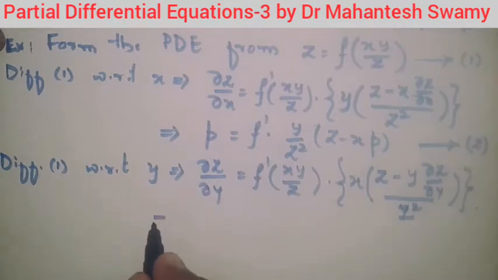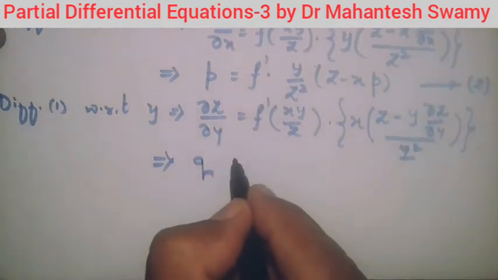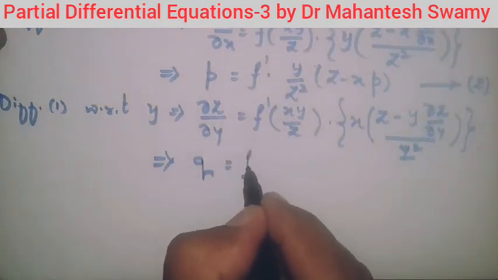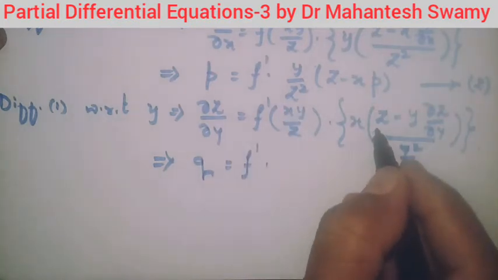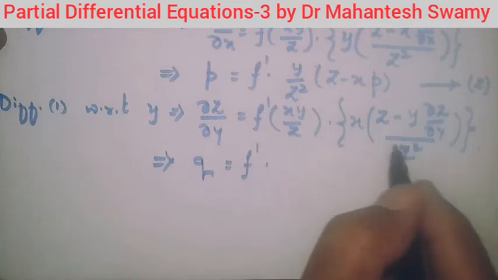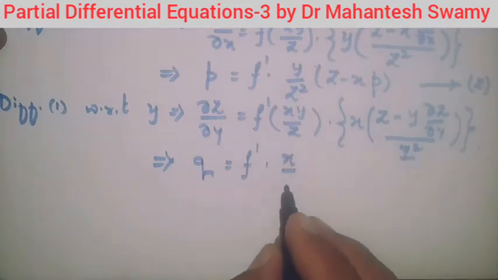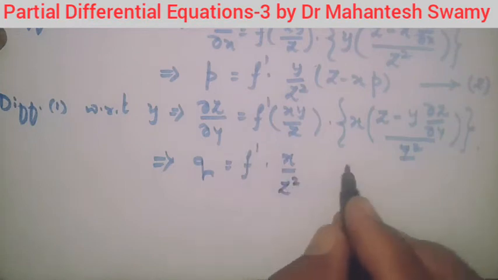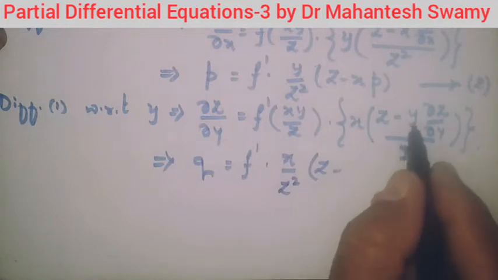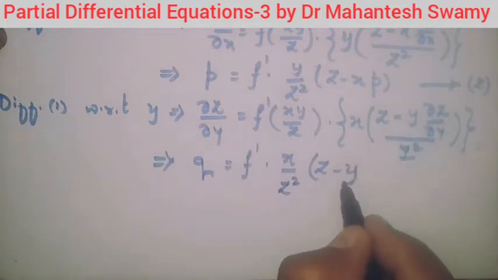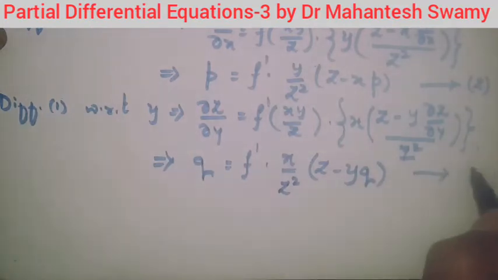Let us write it in a simple way by using the notation q for dou z by dou y, that is equal to f dash as it is without writing the argument. We are directly moving on to this bracket. We are writing it in a simple way, that is x by z square into the bracket z as it is minus y into q. So the value of dou z by dou y we are writing it as q. So let us call it as equation number 3.